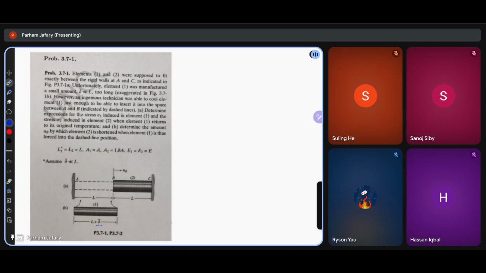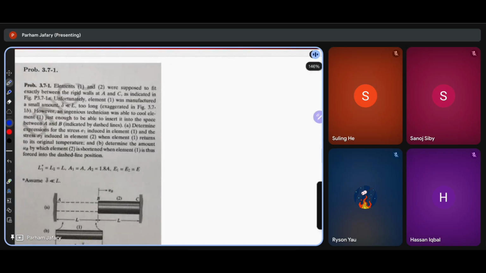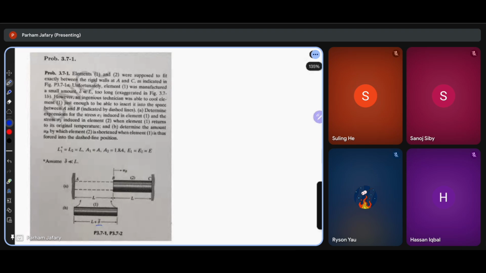So I'm gonna start by writing the known things. We know L1 is equal to L plus delta.